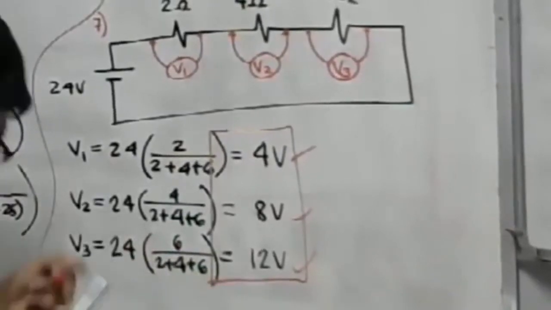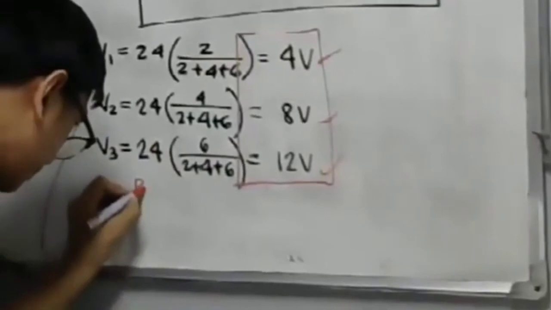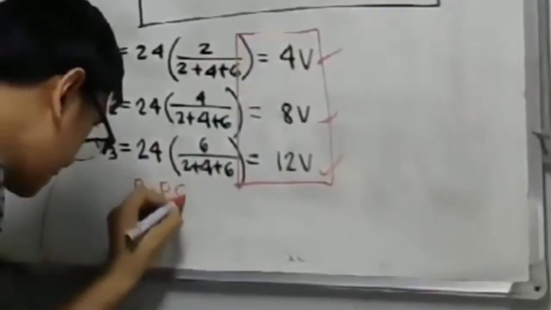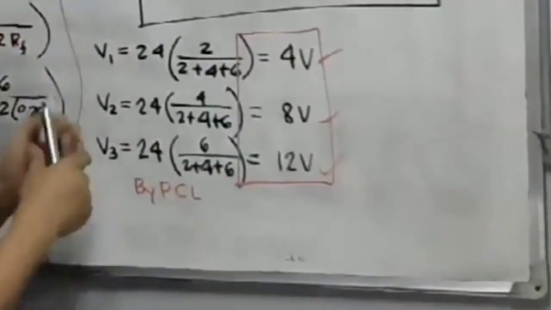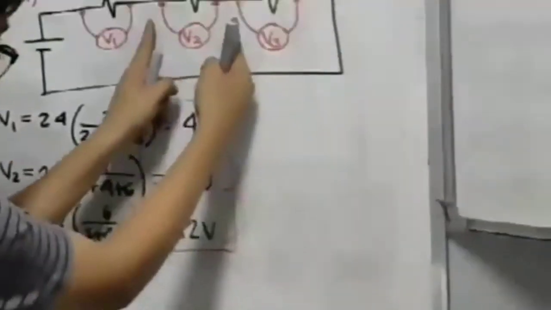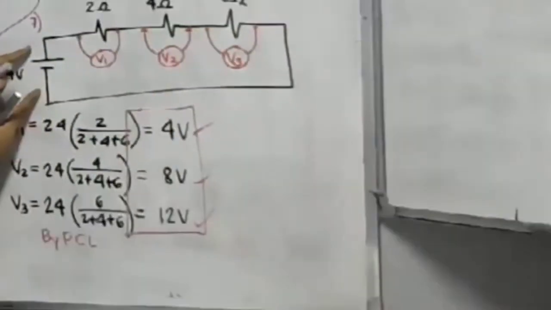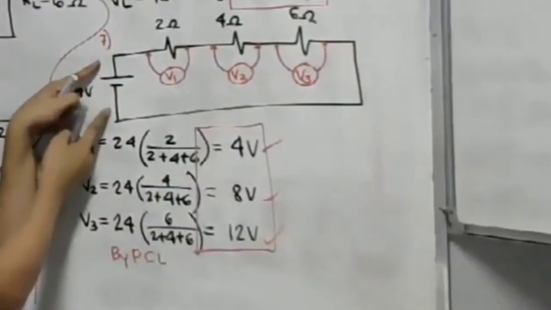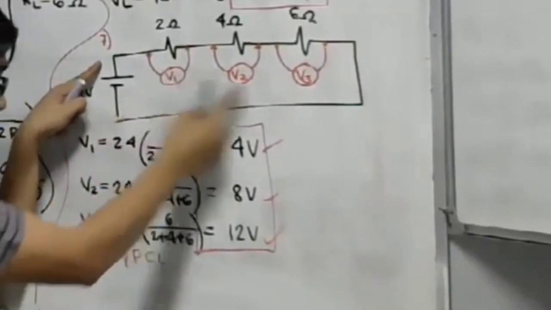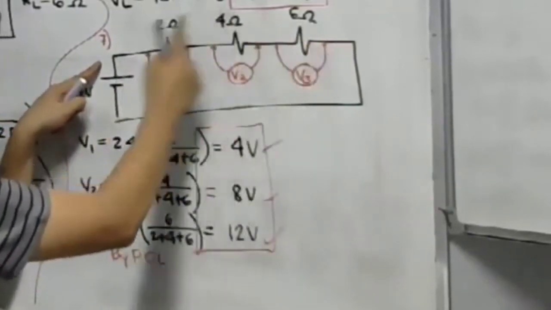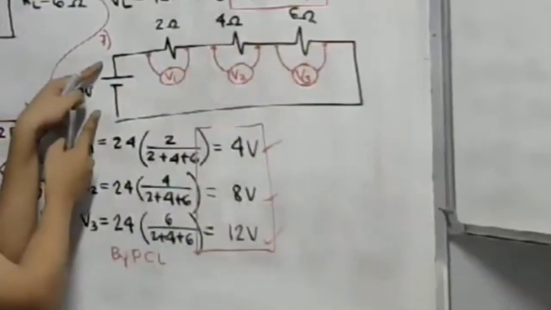Let us make use again of the powerhouse chop-chop law, the PCL. What is PCL? Again, the voltage here plus voltage here plus voltage here is equal to the voltage here. So please take note of that. The sum of all the voltage drops is equal to the total voltage.